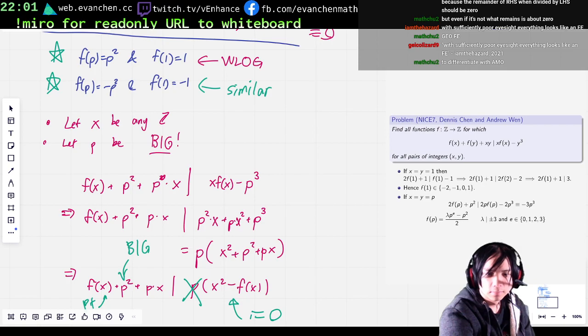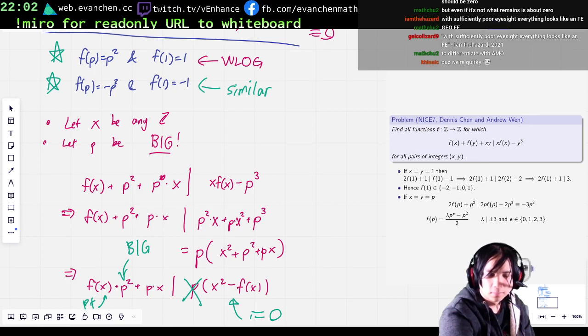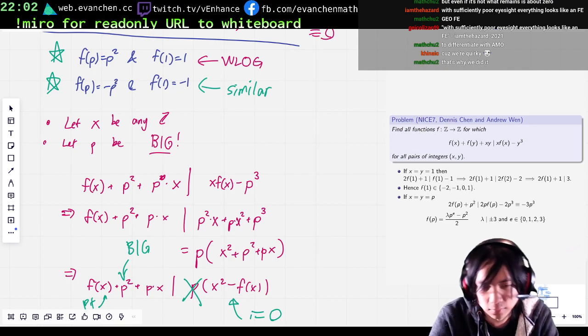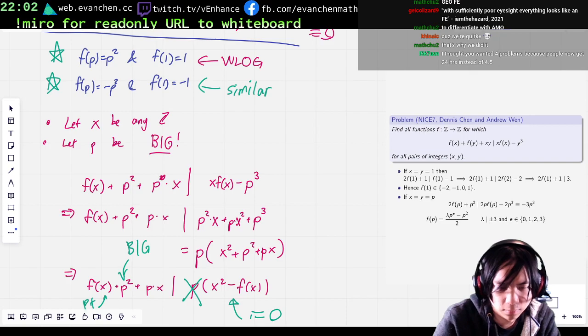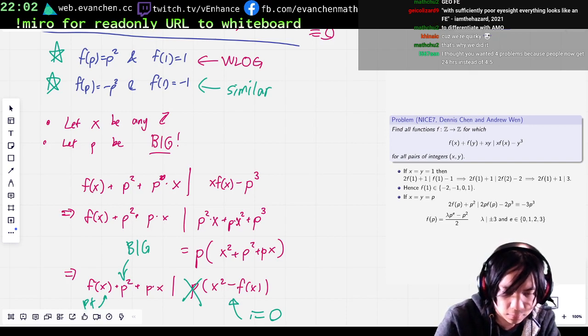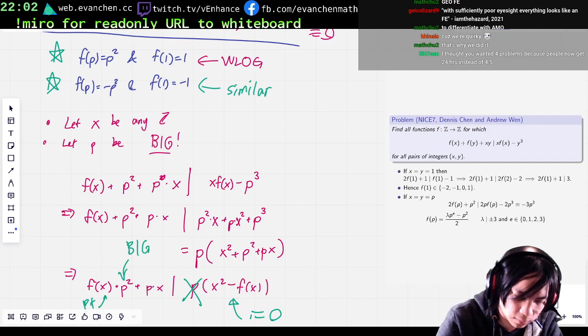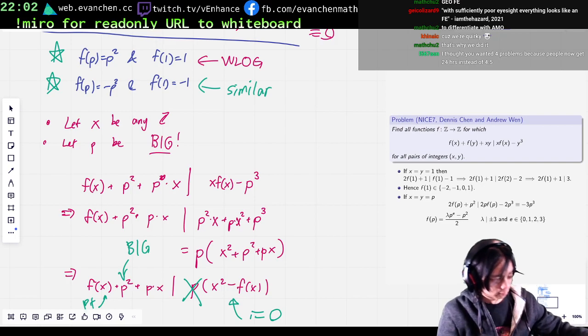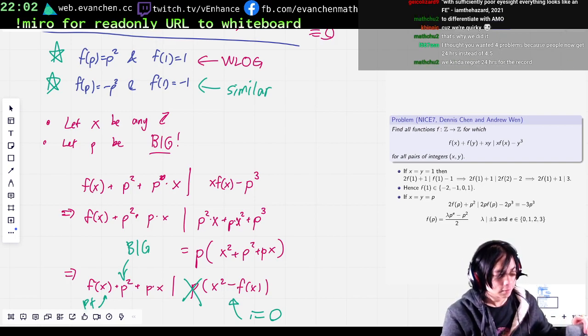So basically, we were kind of unhappy with the problems around the 6-7 area, because we didn't have much stuff there. Basically we had a problem that was around the right difficulty in that area, but one that wasn't. I was also slacking in NICE for basically the entire time. So I'm like, maybe I should pull my weight.